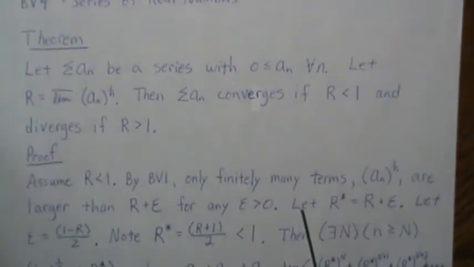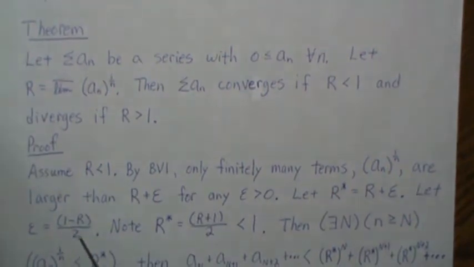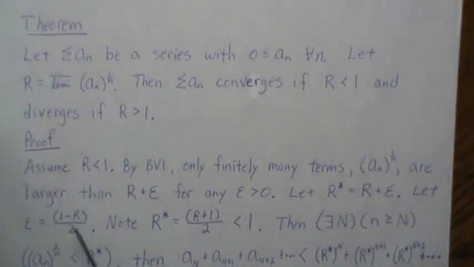And that's what we do here. If we let R star be R plus epsilon, then we choose an epsilon that's half the distance between 1 and R, so that when we add epsilon to R, which is R star, it's still less than 1.